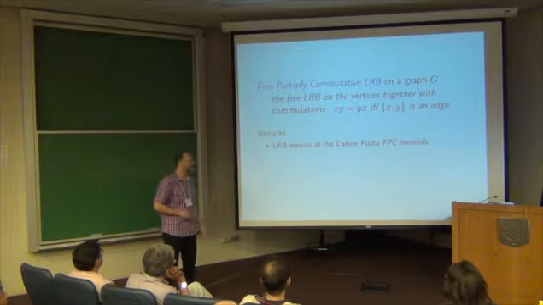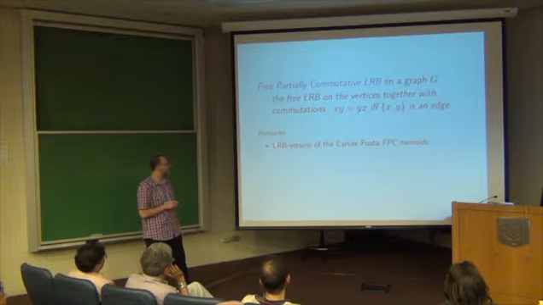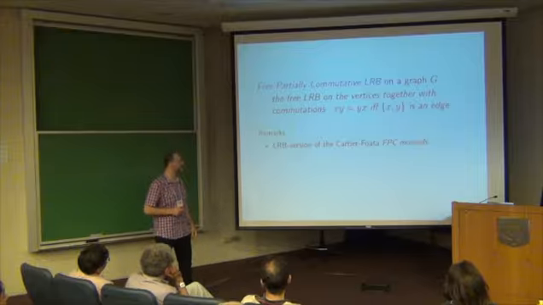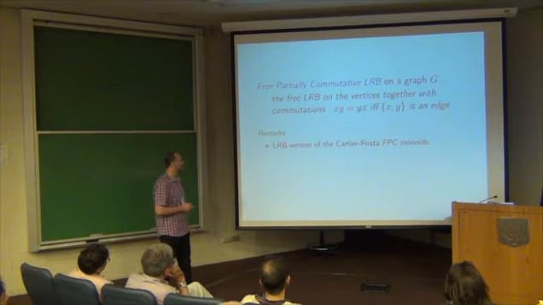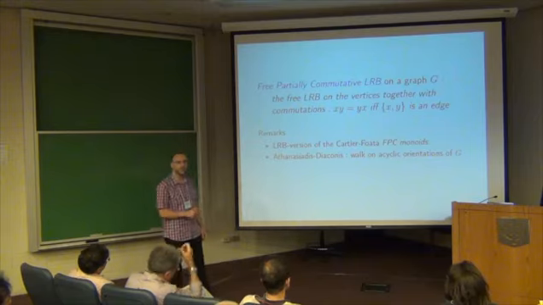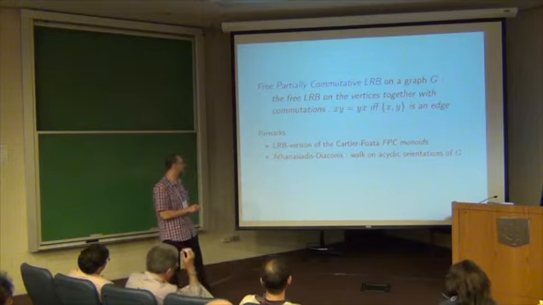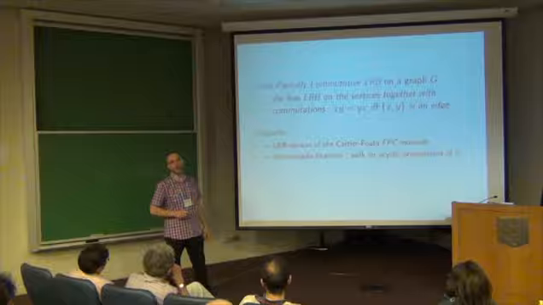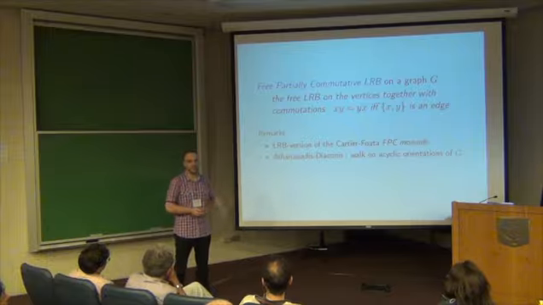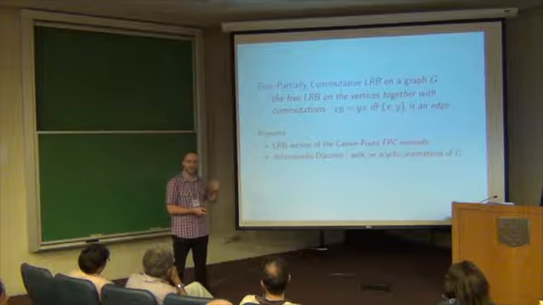Some of you will quickly recognize this as the left regular band version of free partially commutative monoids introduced by Cartier and Foata. There's a nice random walk that you can define in this world too. It was analyzed by Athanasiadis and Diaconis, although they did it using a different left regular band, the one that comes from a graphical arrangement associated with the graph.